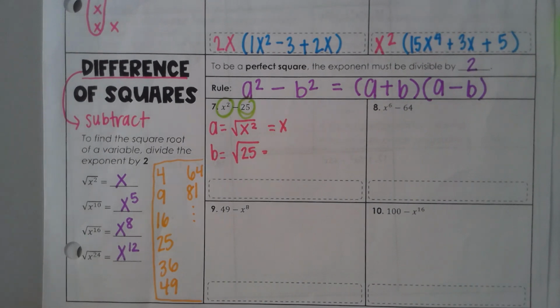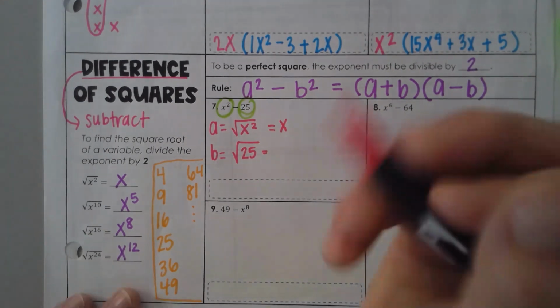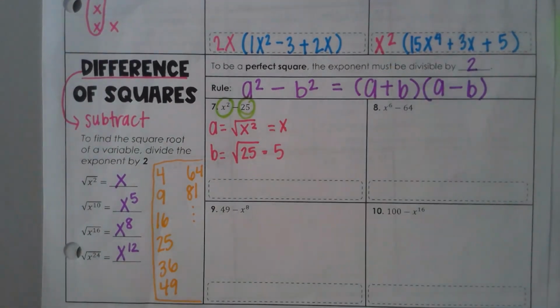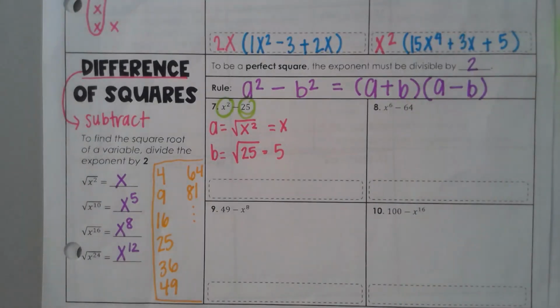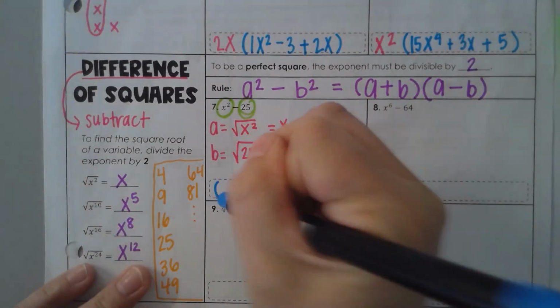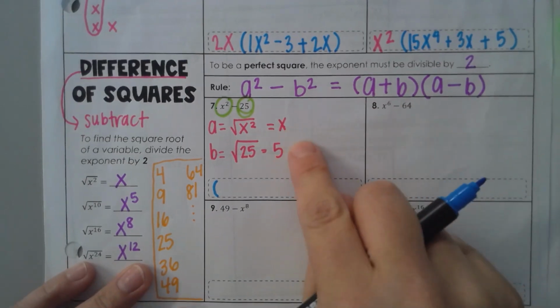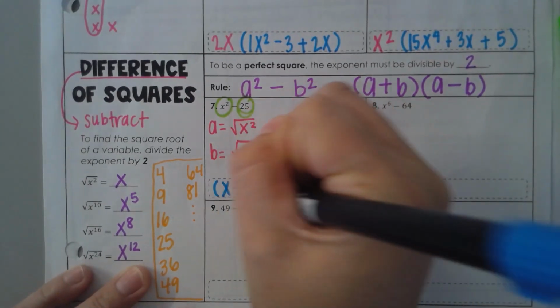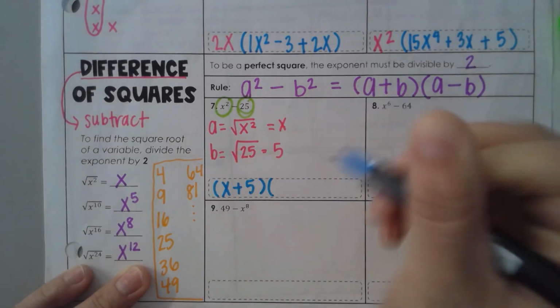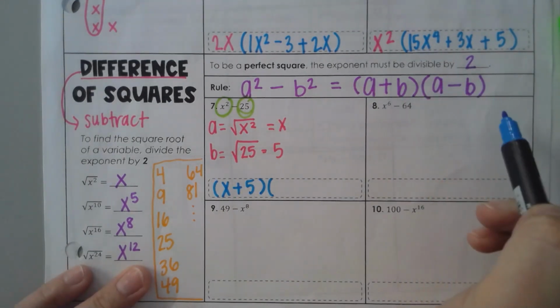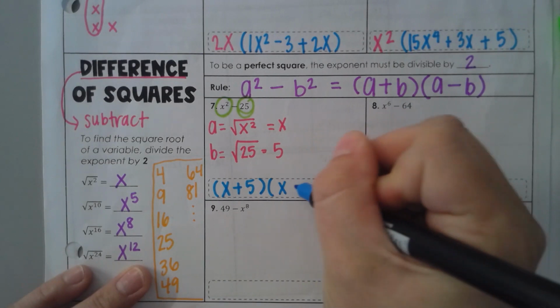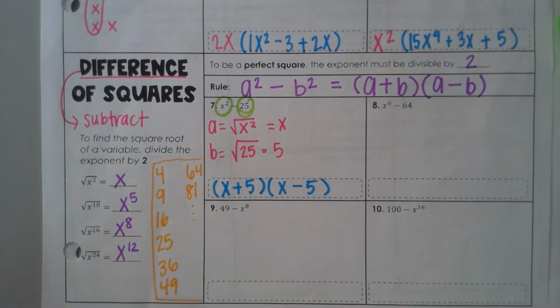What is the square root of 25? 5. So when I factor this, in one parenthesis I'm going to do a plus b, which is x plus 5. And in the other, I'm going to do a minus b. So x minus 5. That's all you do?